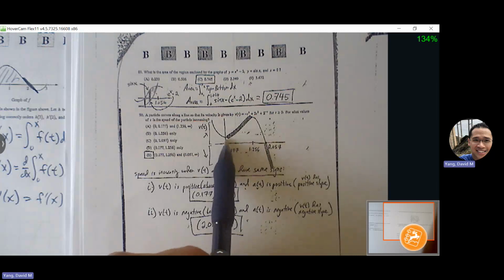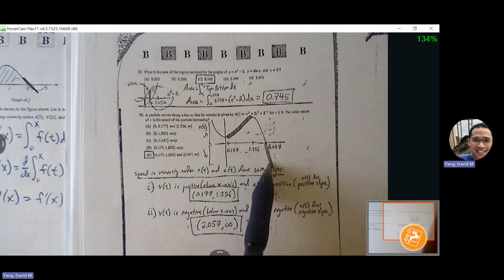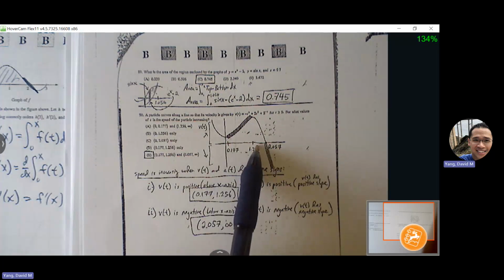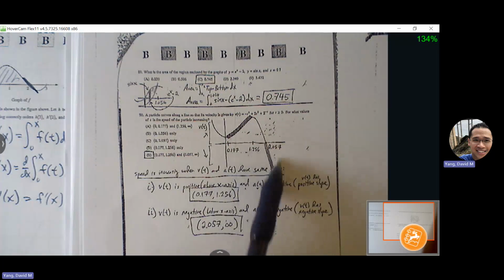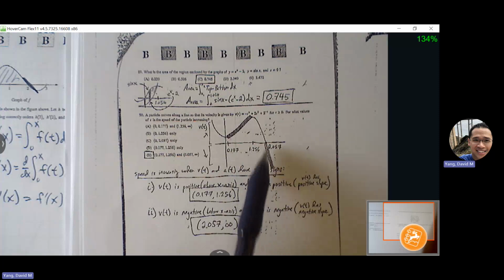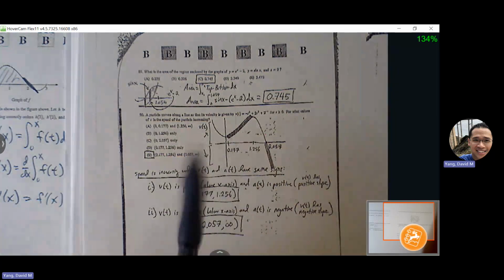So I'm looking at this interval here and also this interval here, because the velocity is below the x-axis, negative velocity, negative slope. Negative slope indicates acceleration is negative. So the signs are both negative here, both positive here.